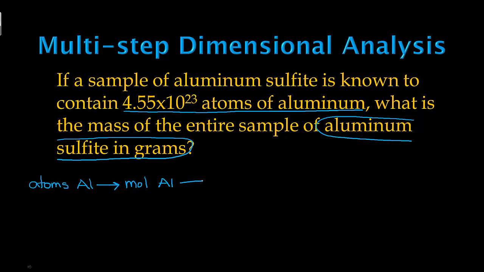Moles of aluminum, we need to end up with aluminum sulfite, so now would be a good time to convert to moles of aluminum sulfite. Hopefully by now you know that aluminum sulfite looks like Al2SO3. Now after we've converted to moles of aluminum sulfite, we need to go to grams of aluminum sulfite.